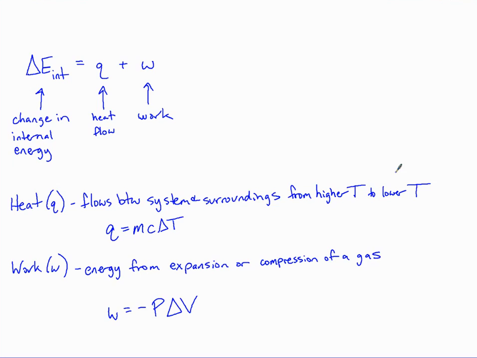And it has a formula, Q, which is the heat flow, equals m, which is the mass, times C, which is the specific heat that goes for whatever substance you're talking about. C will be different. And delta T, which is the change in temperature. So Q equals mC delta T. Heat flow equals the mass times the specific heat of the substance times the change in temperature.